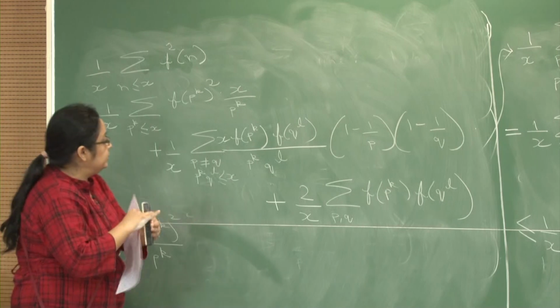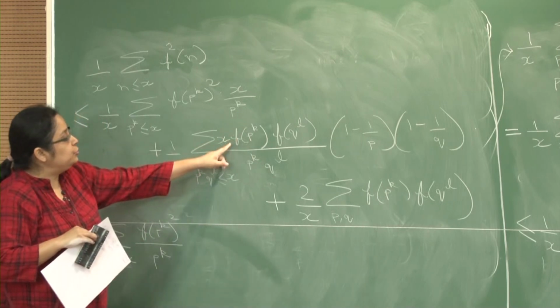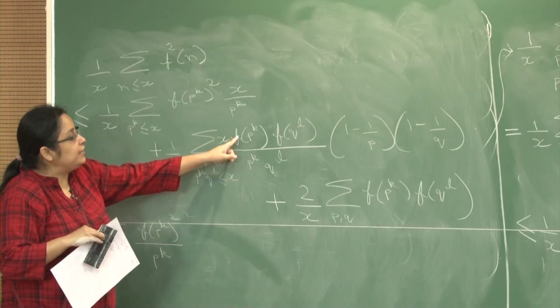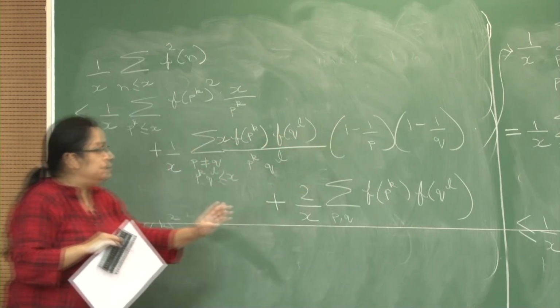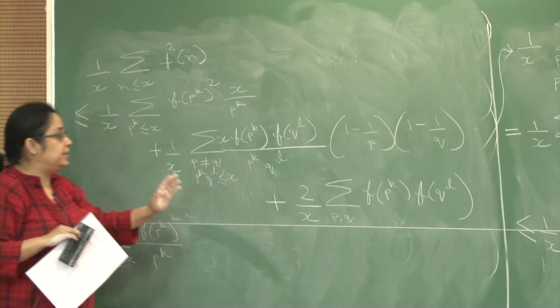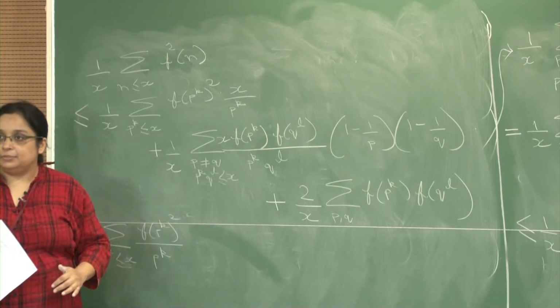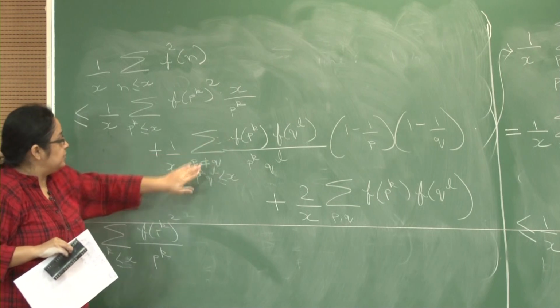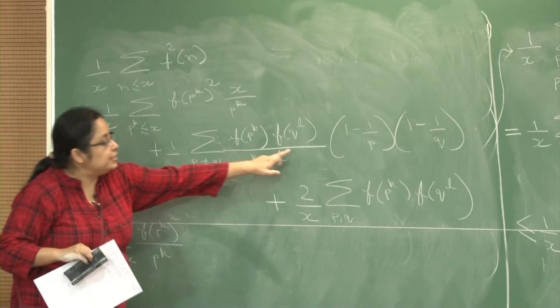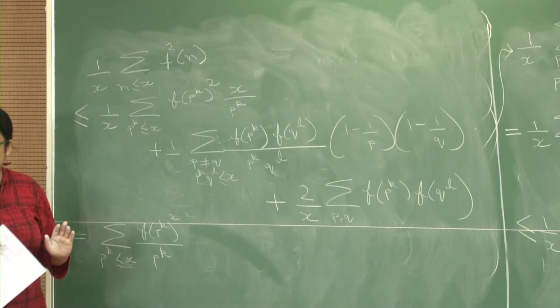Now, notice what this is. Suppose I were to take the summation of f of p to the k times 1 minus 1 by p over p to the k and square that sum. Then every term here will appear in that product.